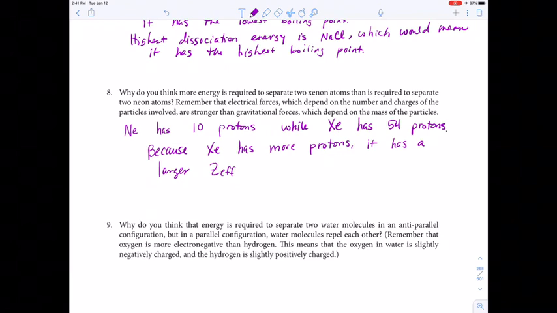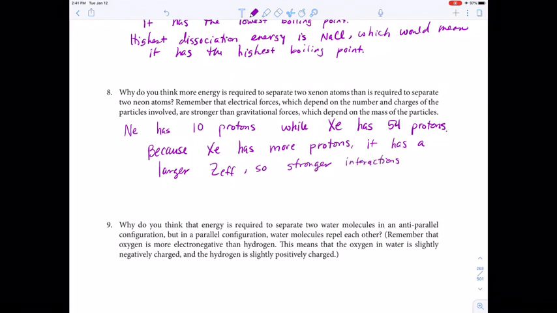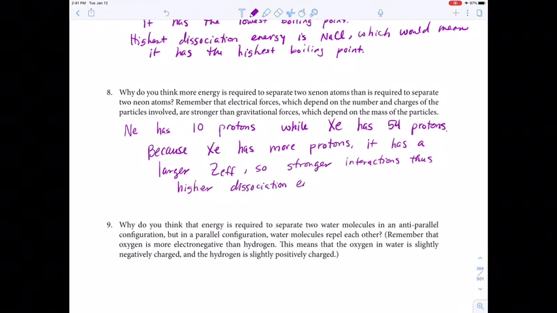Z effective is that nuclear charge that pulls on the electrons around it and so on. So, stronger interactions, thus higher dissociation energy. Right? The mass would increase with more protons, but it's that extra positive charge that xenon has in its nucleus versus the neon.